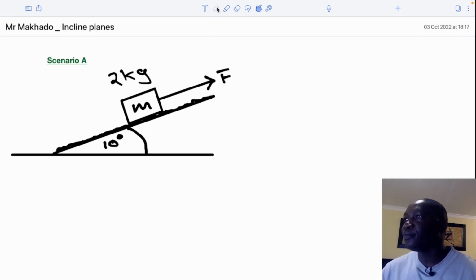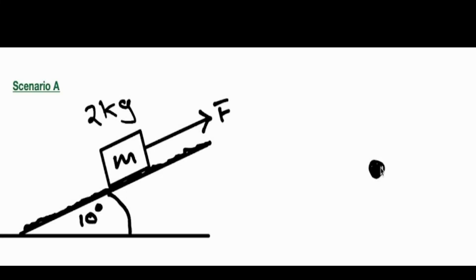So the object is going to be shown by a dot. Then we have forces acting on that dot as arrows pointing away from the dot. So this one is the applied force pulling the object. Then we'll have the normal force. And the normal force, when you draw it, must make an angle of 90 degrees with the surface.